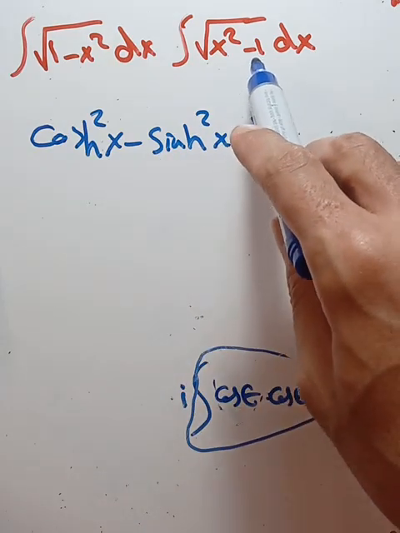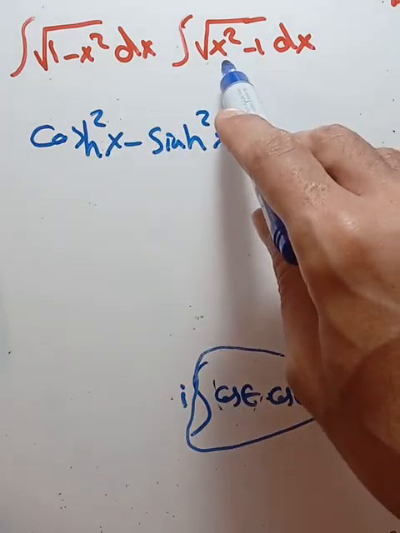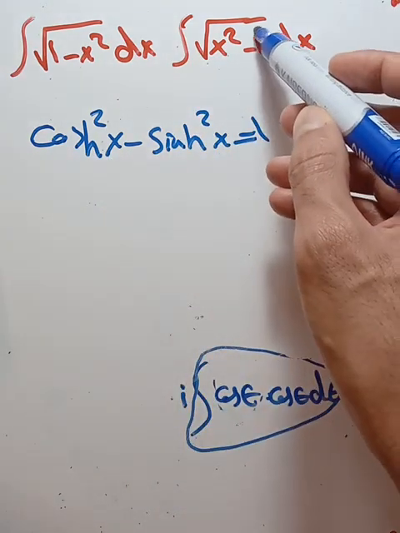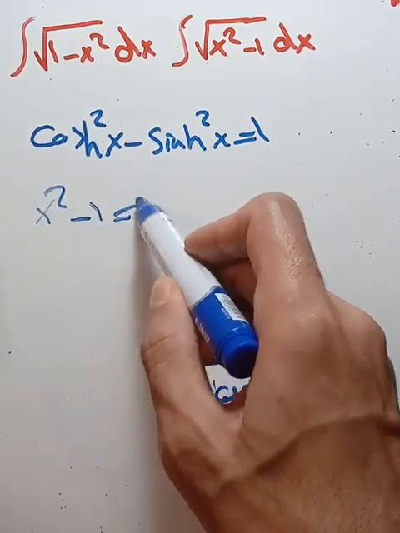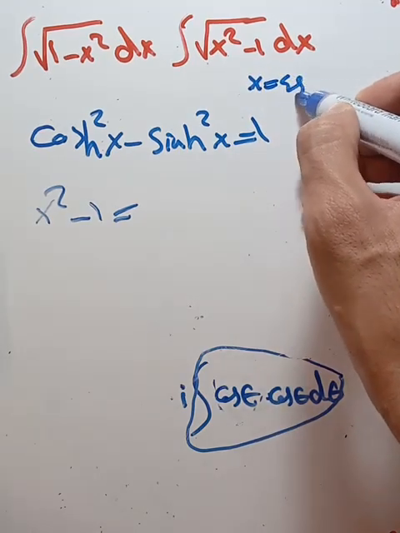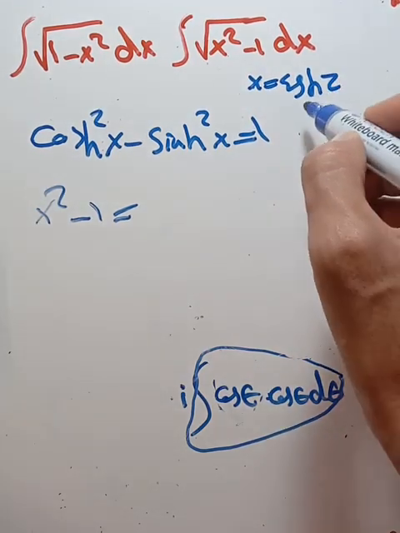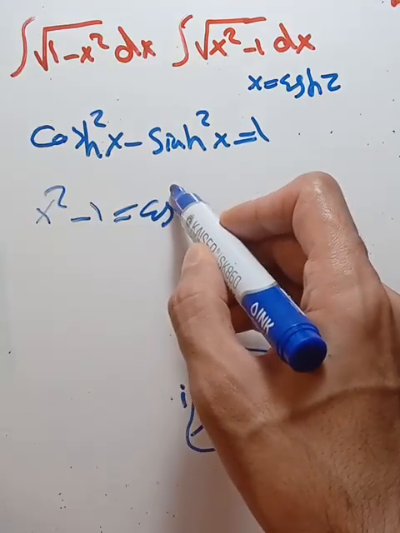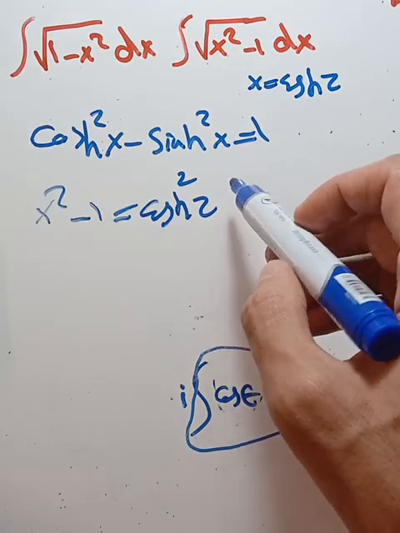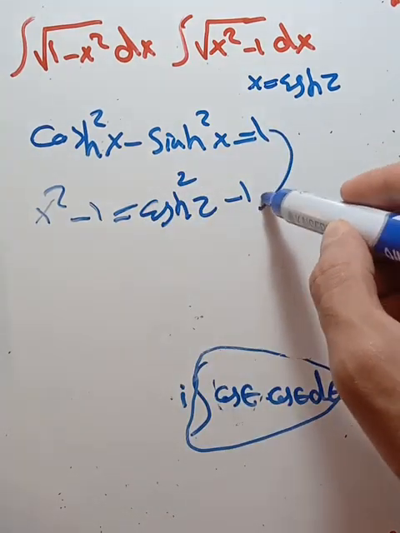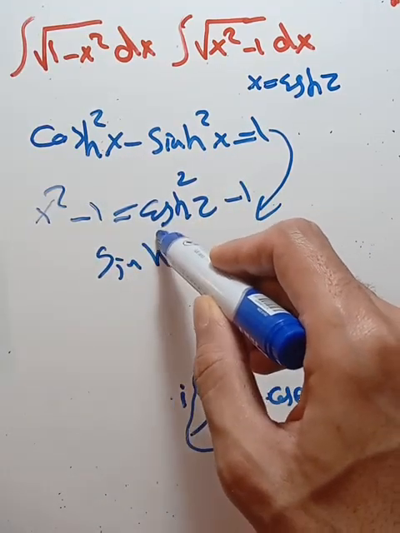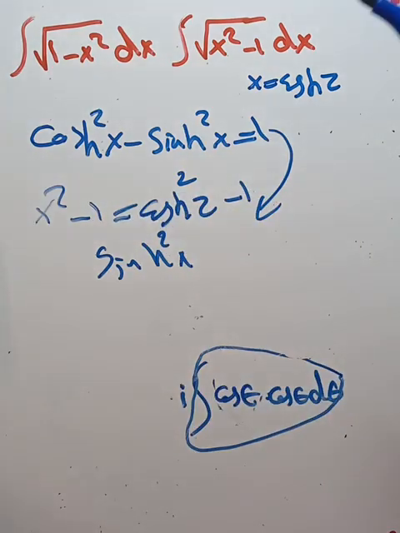But here, for instance, if you take x to be equal to cosine hyperbolic of z, then x squared minus 1 would be equal to cosine hyperbolic of z squared minus 1. And from this, minus 1 would be sine hyperbolic squared, which is not imaginary.